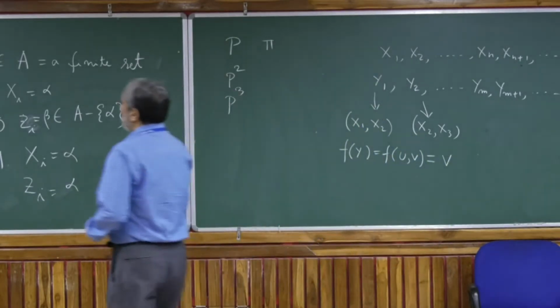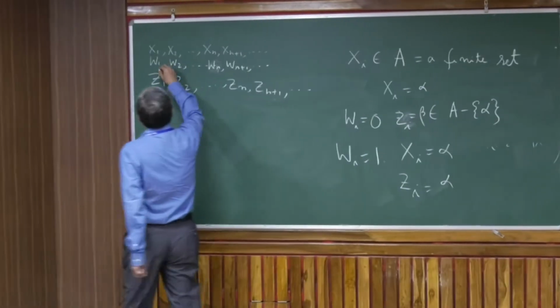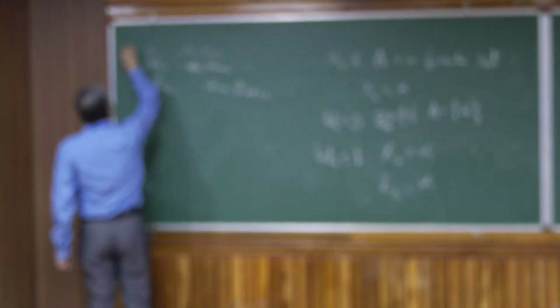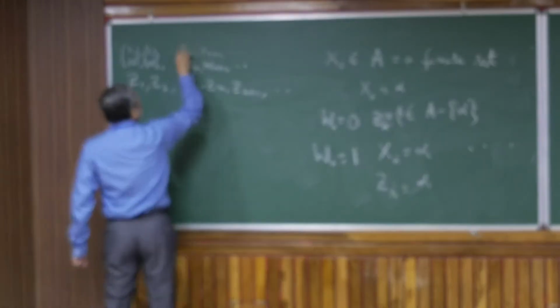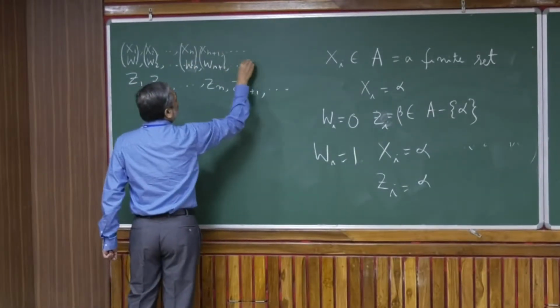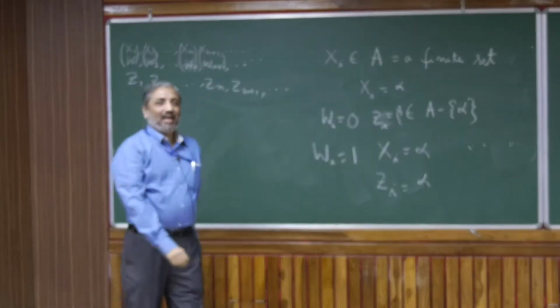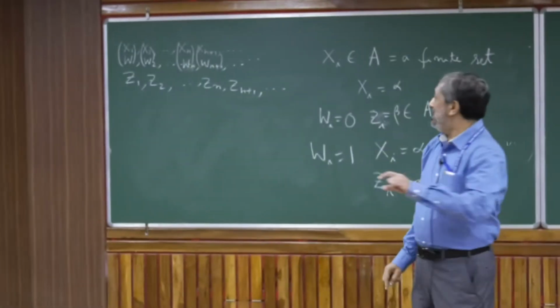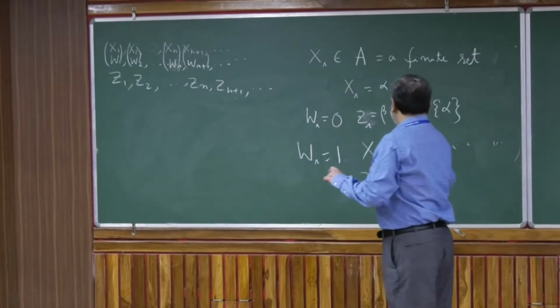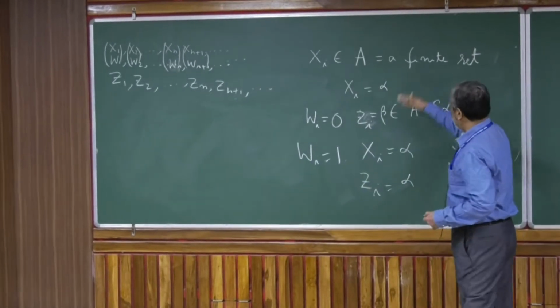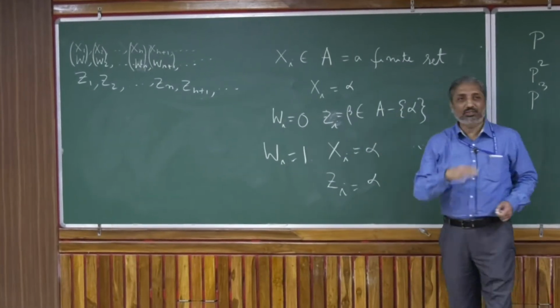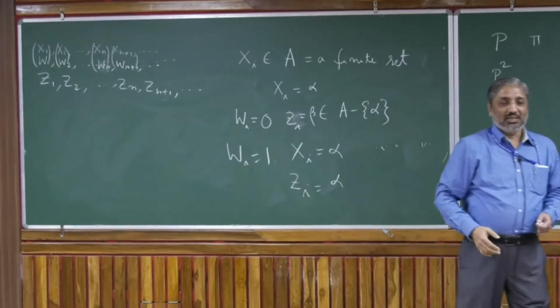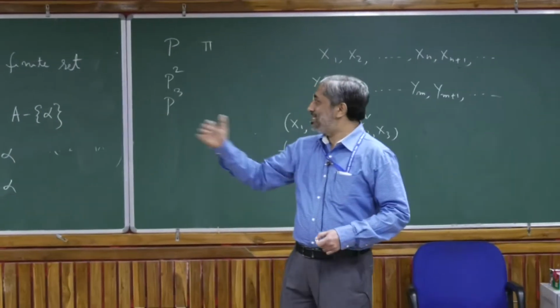You take this chain, you pair them, and then depending on Wi equal to 0 or 1, you have to choose a character from A according to some distribution, and then that creates your Zi.